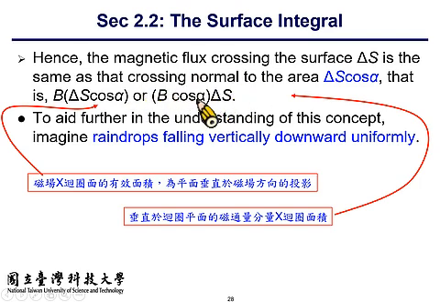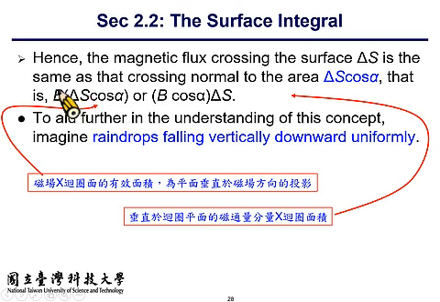So it's written as B cosine alpha dS, which means only the magnetic flux that is normal to the loop can be counted.